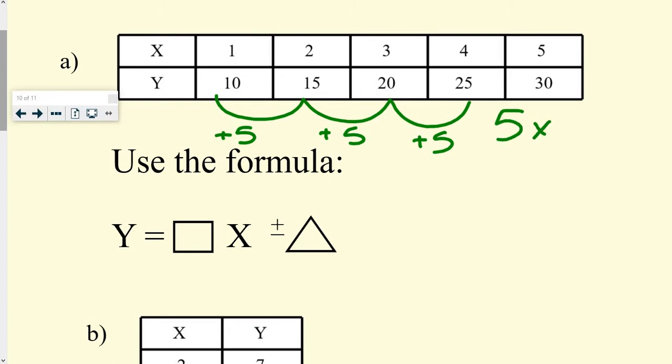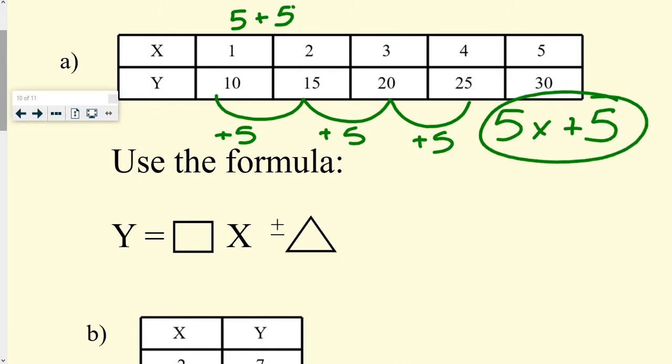Now 5 times 1 will give us 5 the very first time, so we have to add 5 to get there. If we add 5 plus 5, that should be our equation, because it goes up by 5 every time, and we have to add 5 to get from x1 to y1, the first value of y.